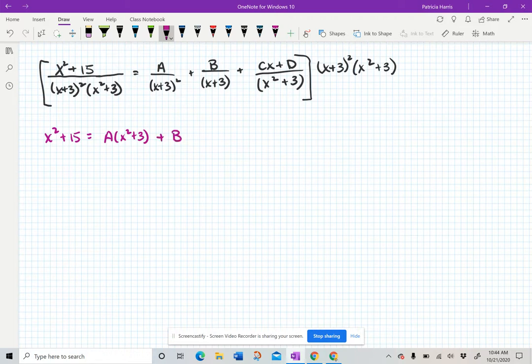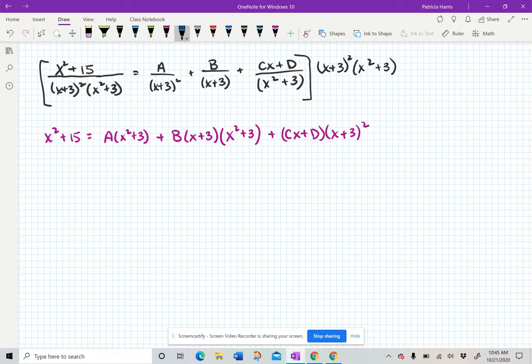Okay, B. And then last one. We're just multiplying through. It looks like I have a lot of multiplying to do, so if you would please be patient with me while I do that, that would be fabulous.